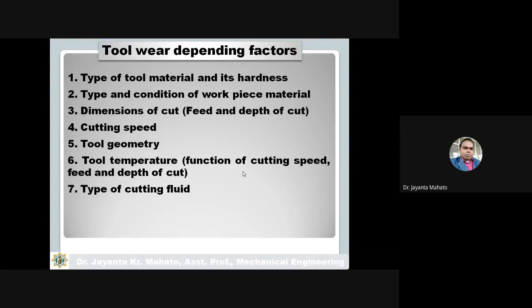Even depth of cut and feed also affect the cutting temperature, and if this cutting temperature increases, then more tool wear will occur. Okay, and the tool life will decrease. Okay, type of cutting fluid means what type of cutting fluid are you using. Okay, so all these are the depending factors of tool wear.